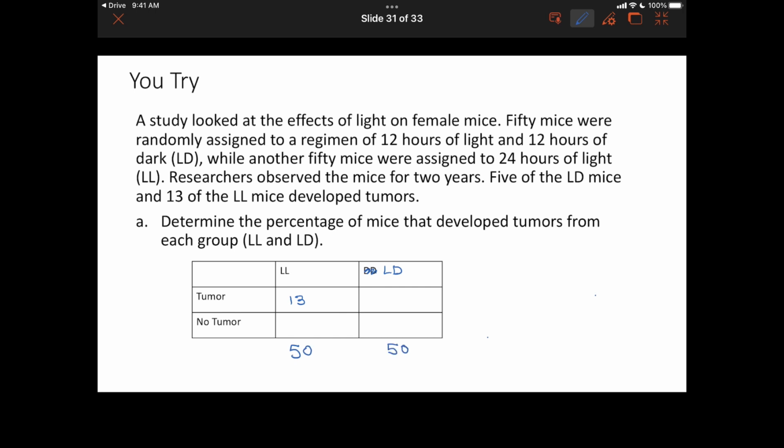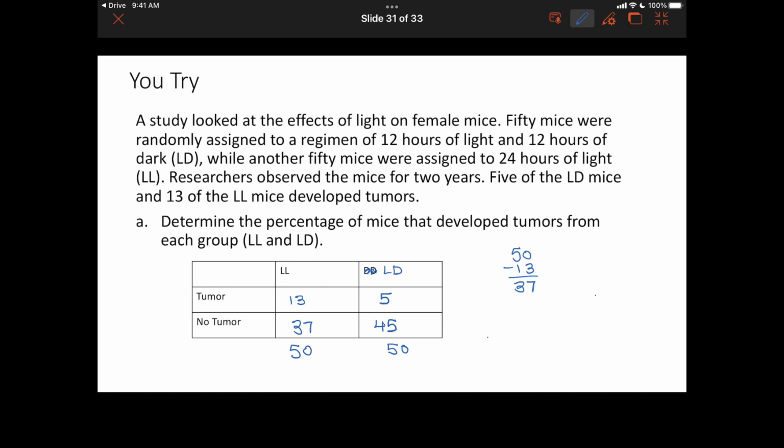So that means 50 minus 13, or 37, had no tumor. In the LD group, 5 of the mice developed tumors, and so the remaining 45 mice did not develop tumors.